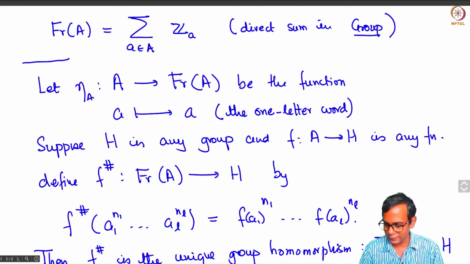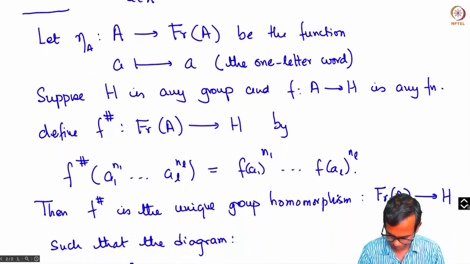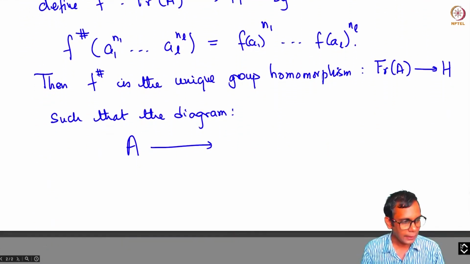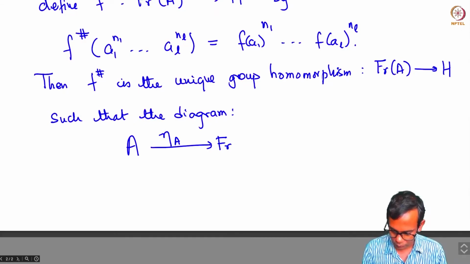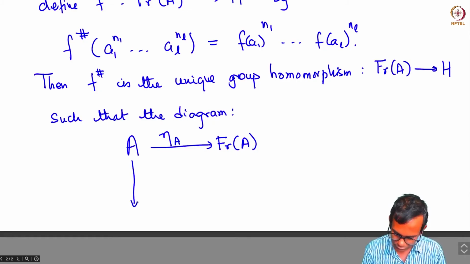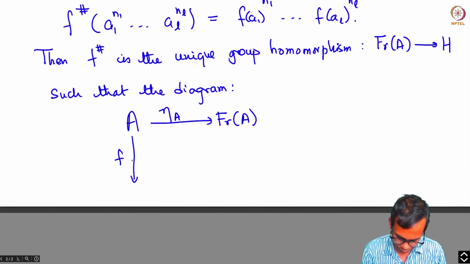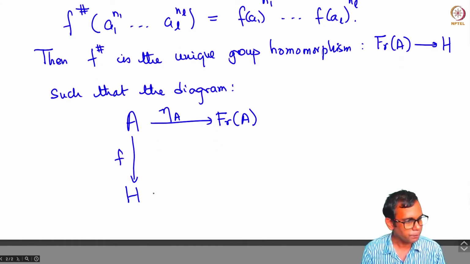You'll see that it is a natural transformation. So we have A, eta subscript A to the free group of A. And then we have any function f from A to H, any group.